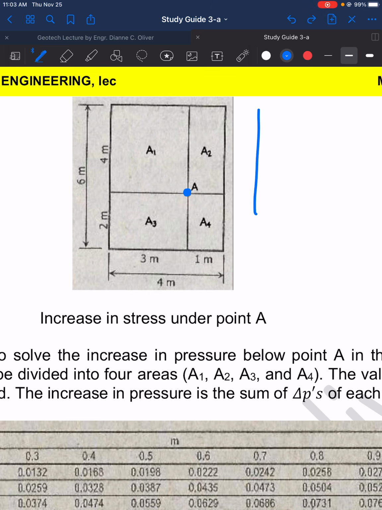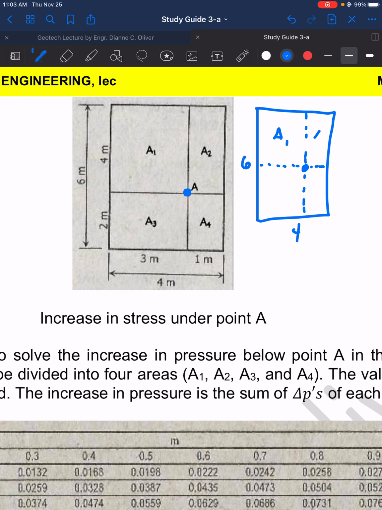So originally we have here 6 by 4. Then we need to compute for point A here. So I need to divide this into 4 rectangles so that I will compute independently or separately for these 4 rectangles.